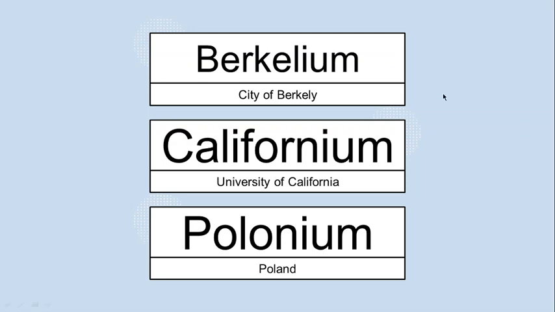Coming to the elements named after countries and laboratories. Berkelium, city of Berkeley. Californium, University of California. Polonium, Poland. The symbol of berkelium is Bk, californium is Cf, polonium is Po.